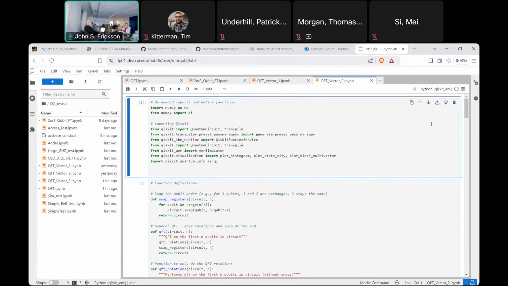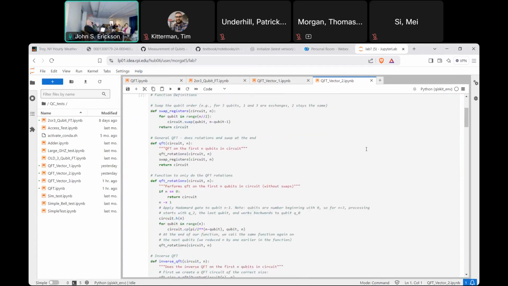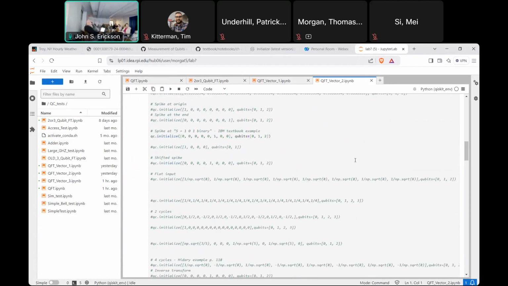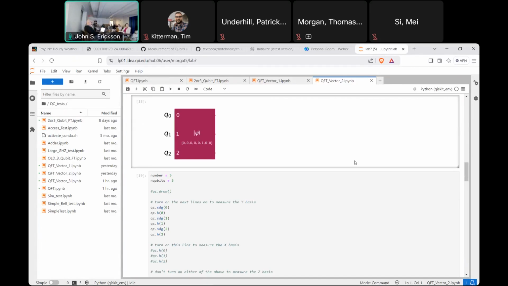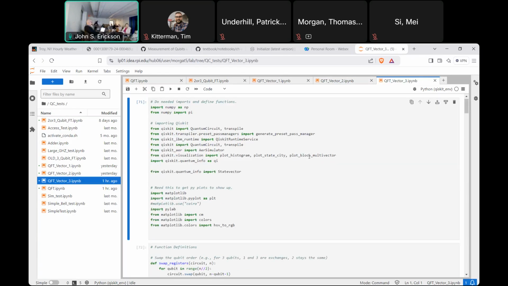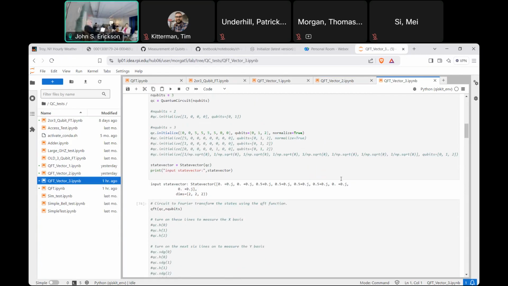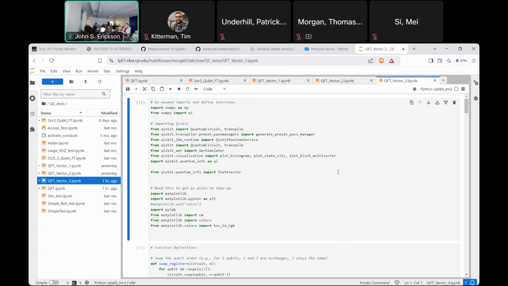Can people see okay? This is all Python code. Let me make sure I've got the one I want to show you. He's on the cluster in a Jupyter notebook that he set up, with the virtual environment we've built selected for his notebook, the Qiskit environment. We'll quickly go through this.